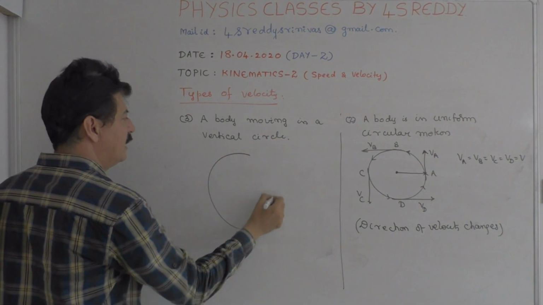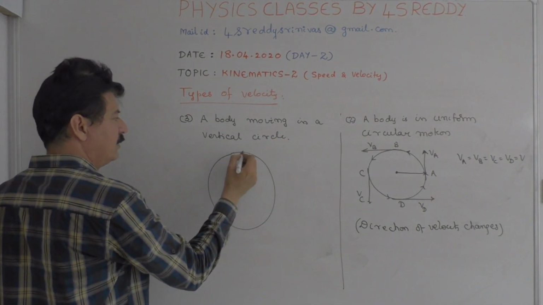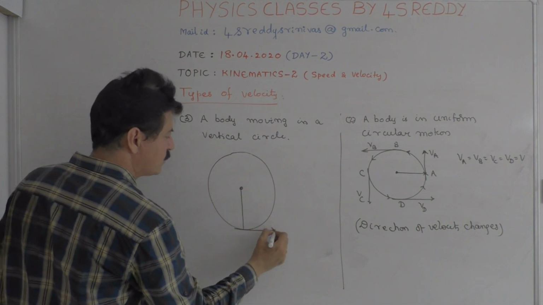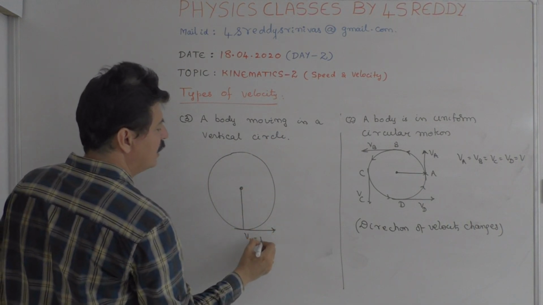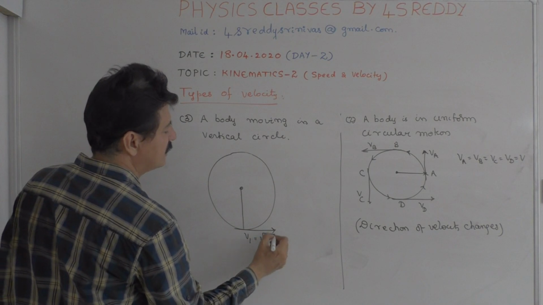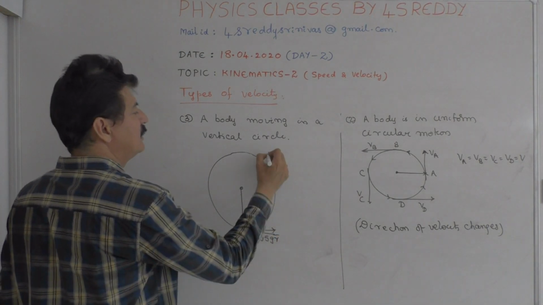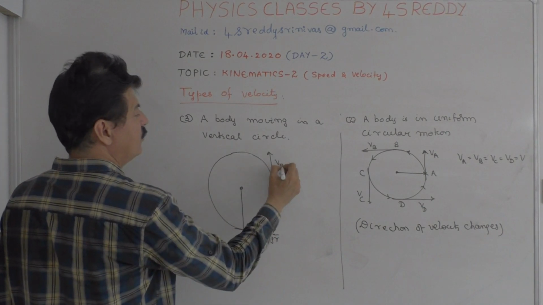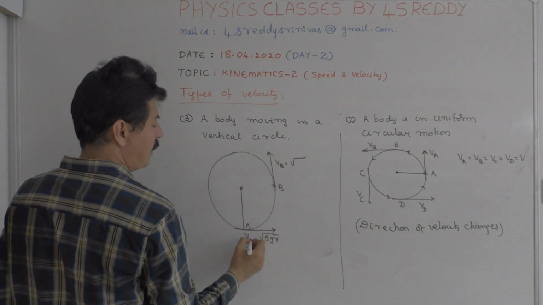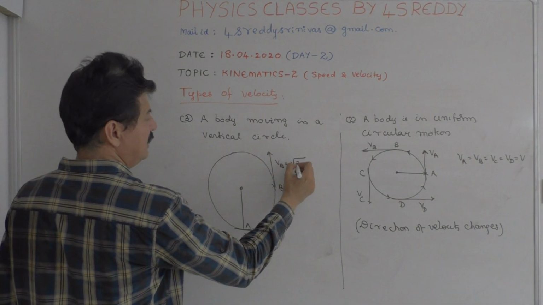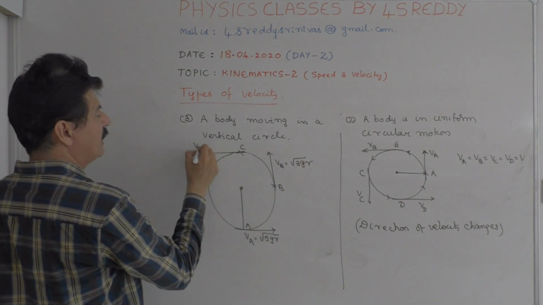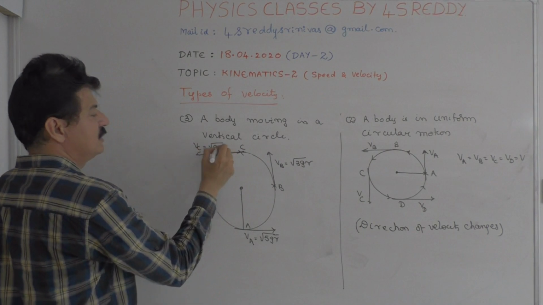If it is moving in a vertical circle, then the velocity at this point, let us say V1, in general, we had some value like this, root of 5gr. At this point B, the velocity Vb is equal to root of 3gr. If you come to the point C, velocity is obtained as root of gr.